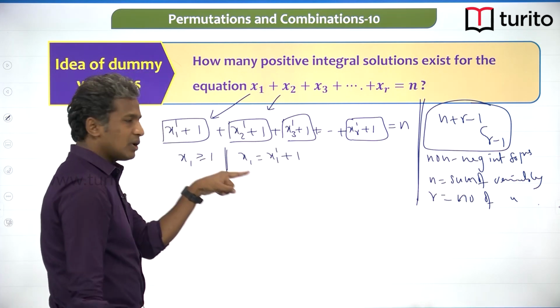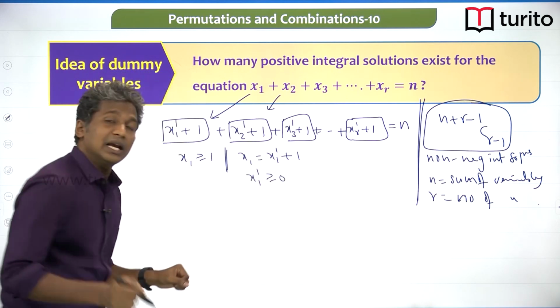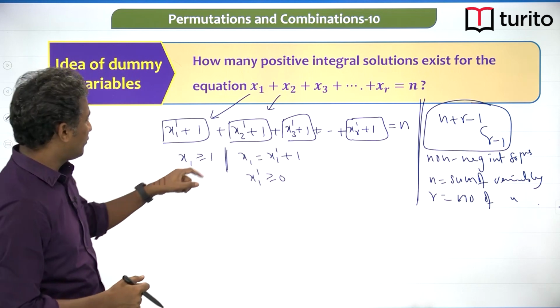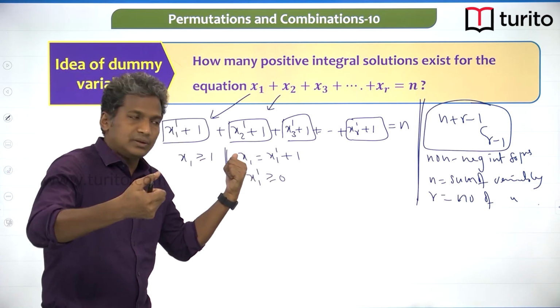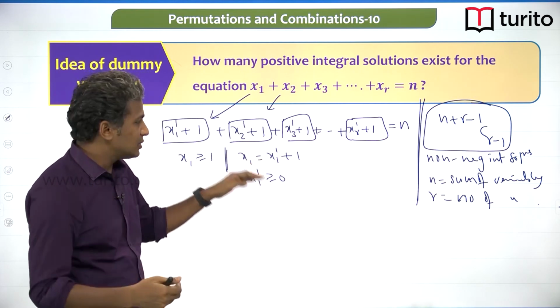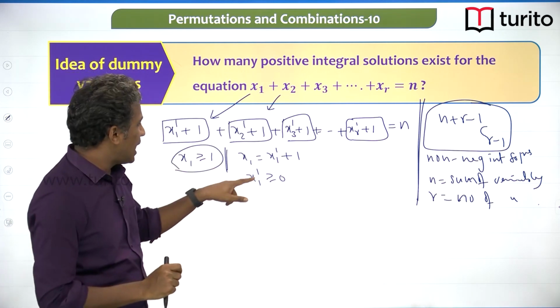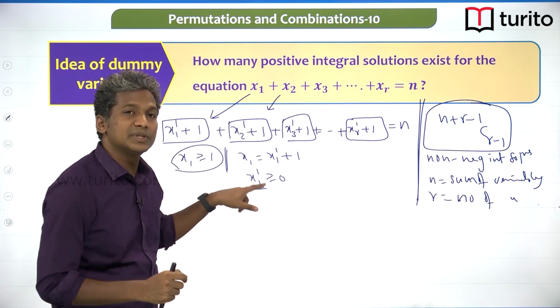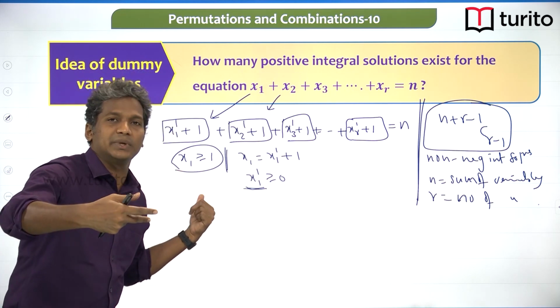So, in a way you are actually putting the condition on x1 dash that it can be 0 also. When x1 dash is 0, x1 will be 1. When x1 dash is 1, x1 will be 2. So, this way you are making sure that this condition is satisfied, and also x1 dash becomes the non-negative variable, whereas x1 becomes the positive variable, okay.